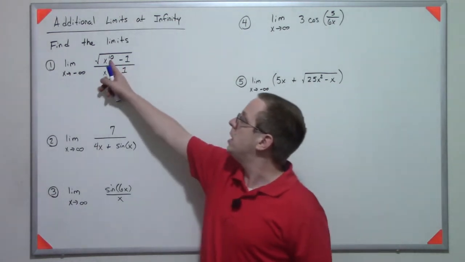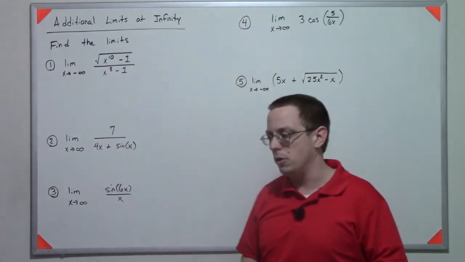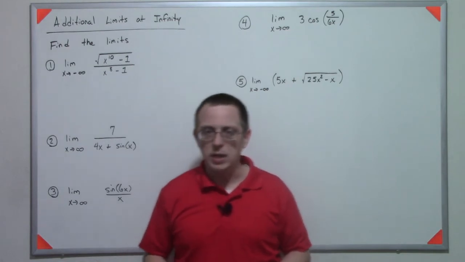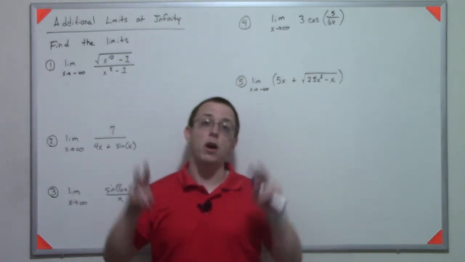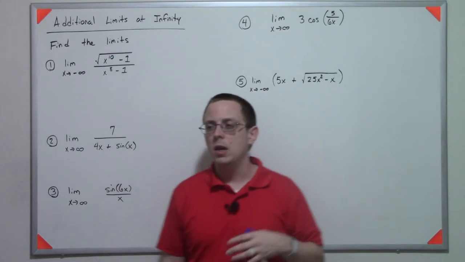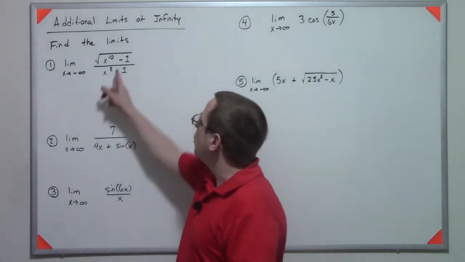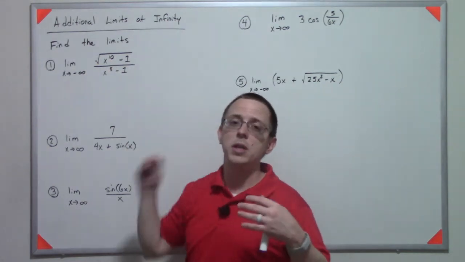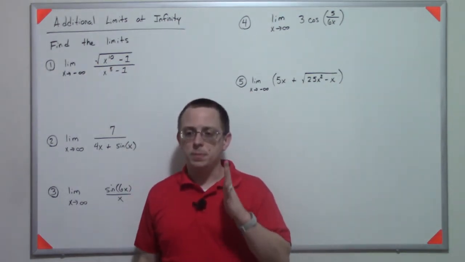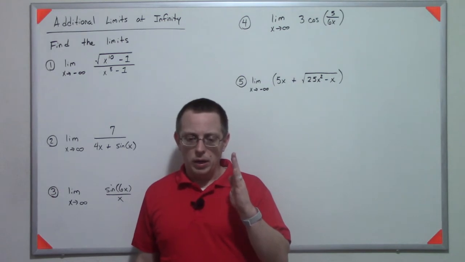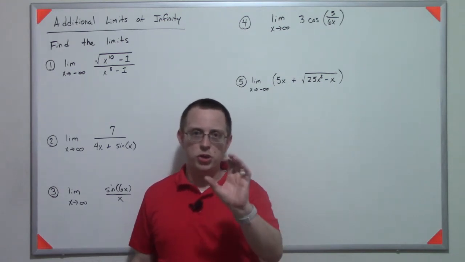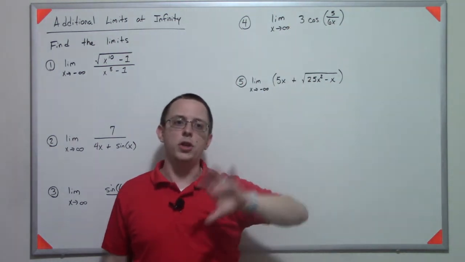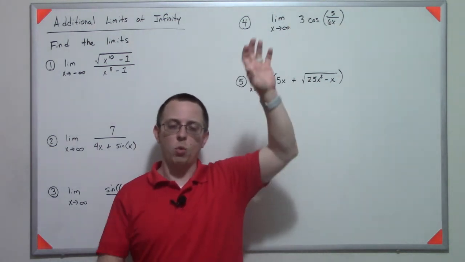So I've got an x to the 10th on the top and an x to the 8th on the bottom. The way that I like to think about these problems is in terms of their effective degree. So what does that mean? What happens here is that with these polynomials, the largest degree term dominates, because as you get really large, the cubed function, for instance, is going to dwarf the squared function.